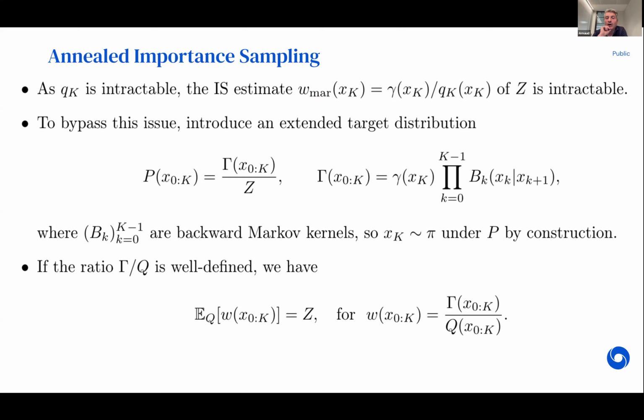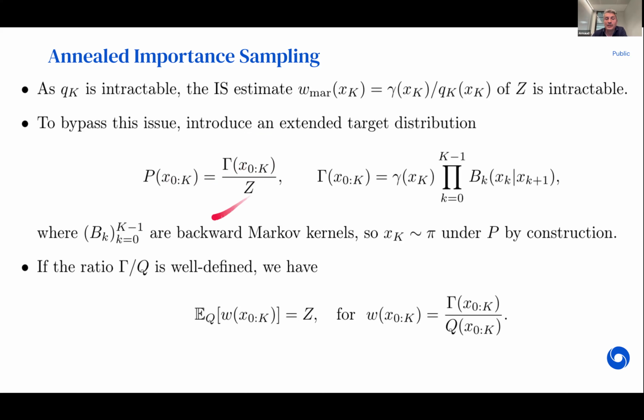Okay, so what's the idea behind annealed importance sampling and its extension, in particular in the SMC sampler framework? It's quite simple. You say, okay, you cannot do importance sampling in the original space, so you're going to do importance sampling on the path space. You define a target distribution on the space of this non-homogeneous sequence x0, x1, x2, up to xk, and the way you define it is as follows.